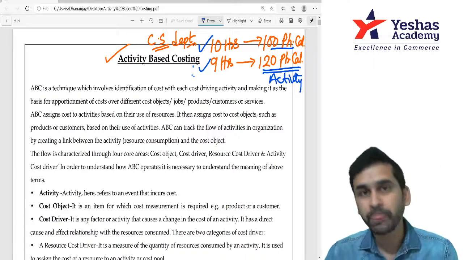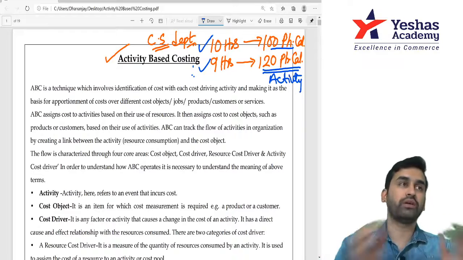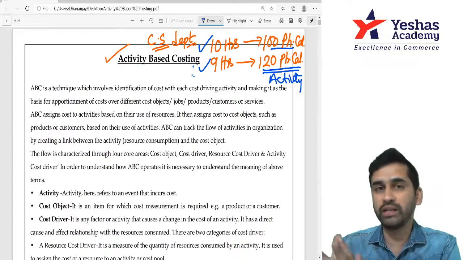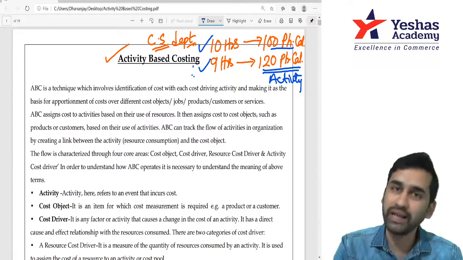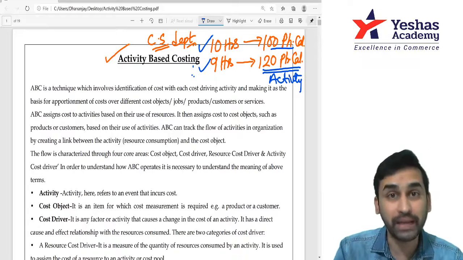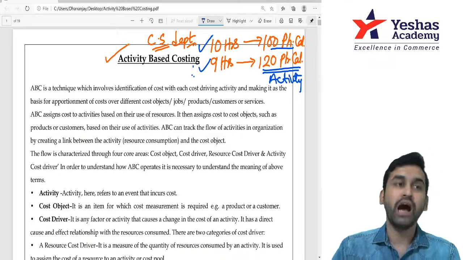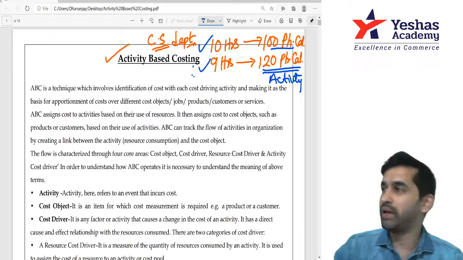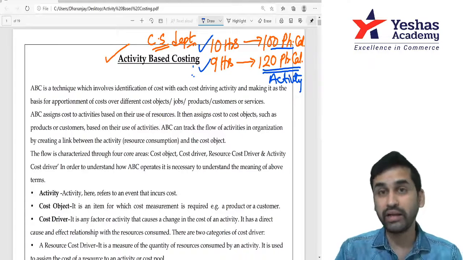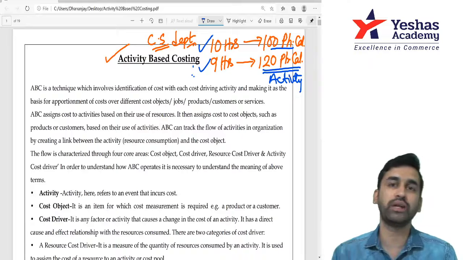When I say I work for 10 hours versus my colleague working for 9 hours, our focus is time. When I say I make 100 phone calls and my colleague is making 120 phone calls, the focus now shifted to work or activity.